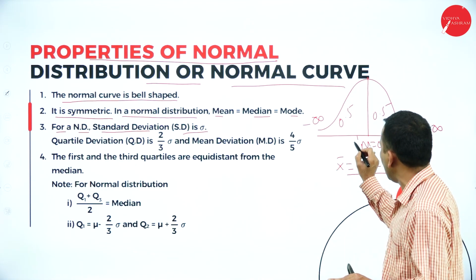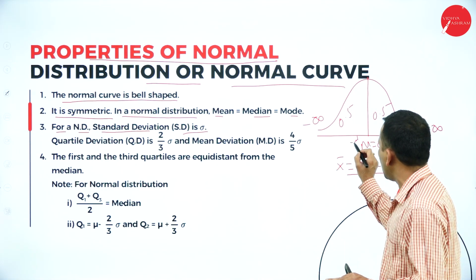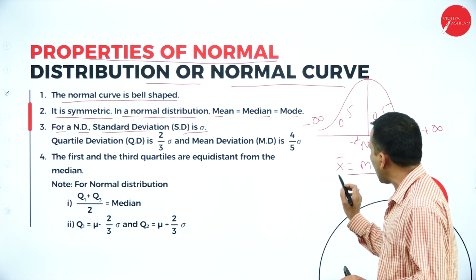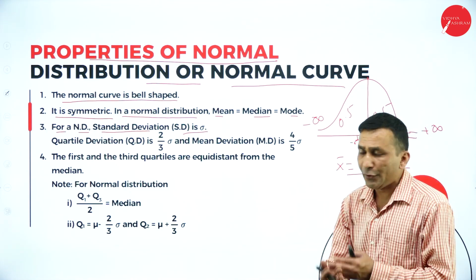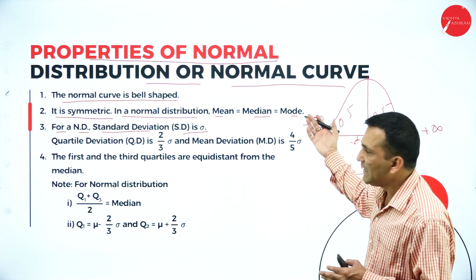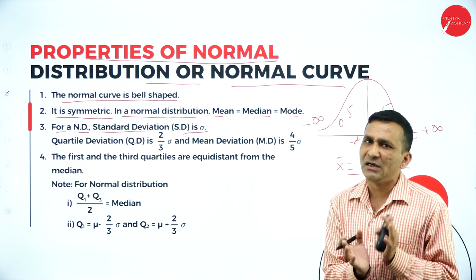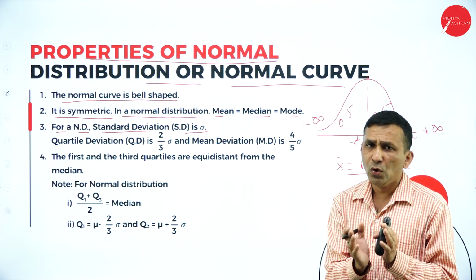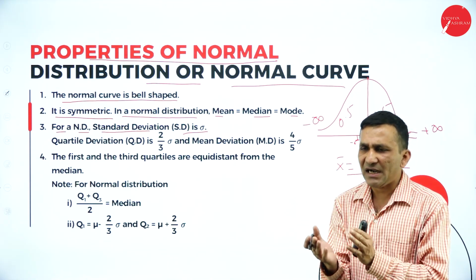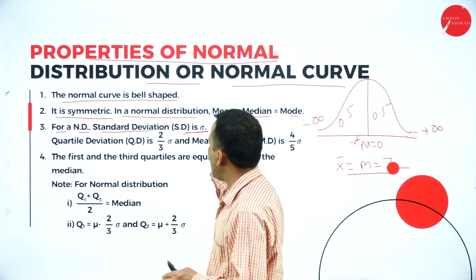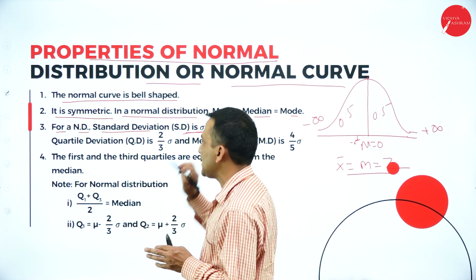On the next slide you will get more clarity. There are two important parameters in the normal distribution, the mean mu and the standard deviation, which symbolically we write as sigma.